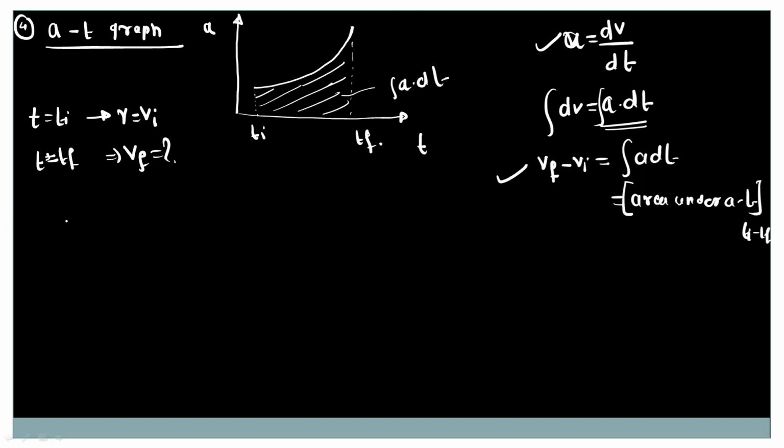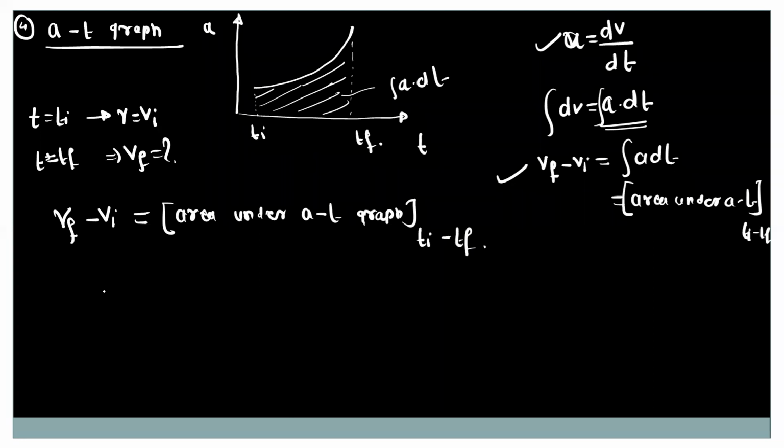So we will write that equation as Vf minus Vi is equal to the area under the a-t graph between the time limit, that is Ti and Tf.